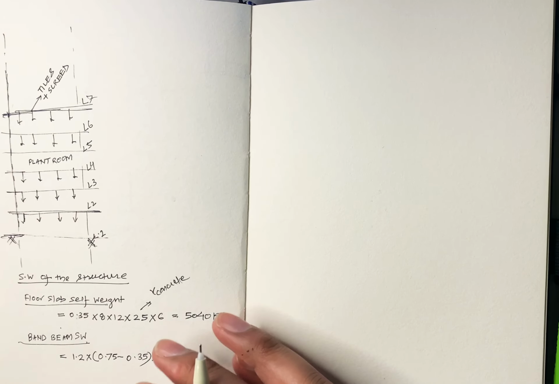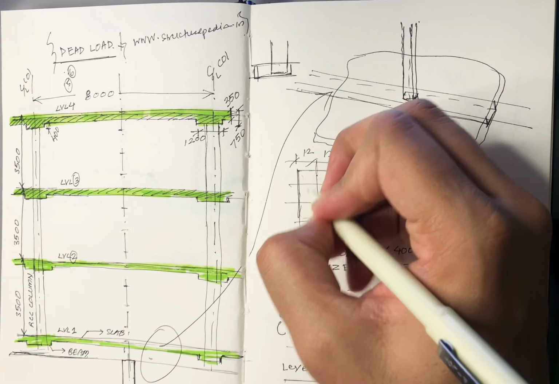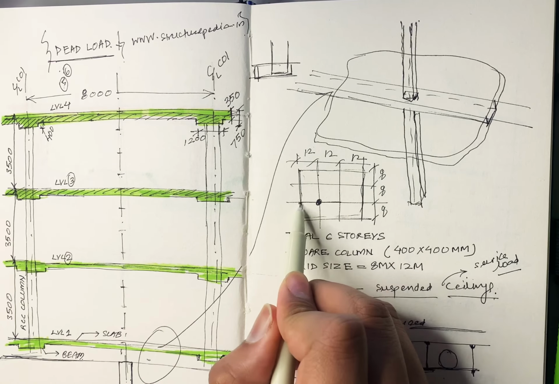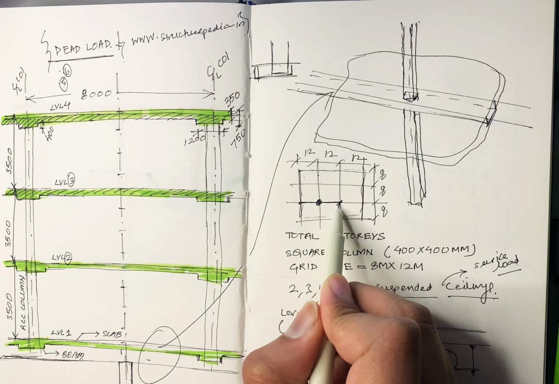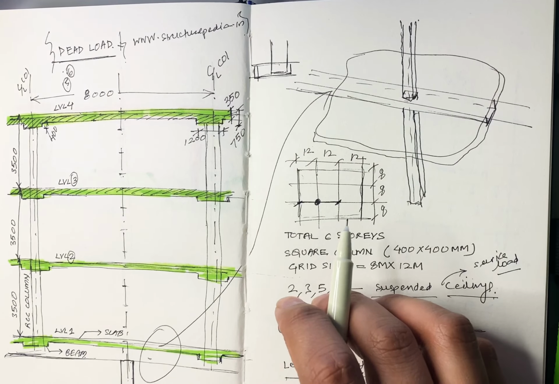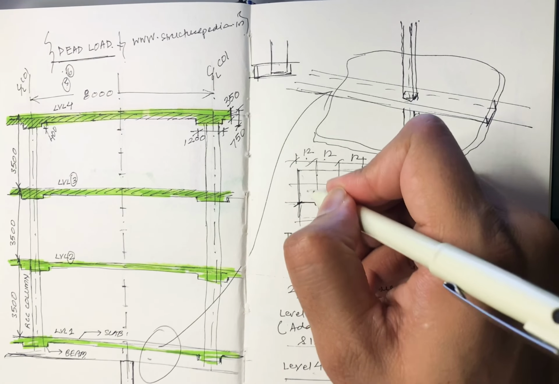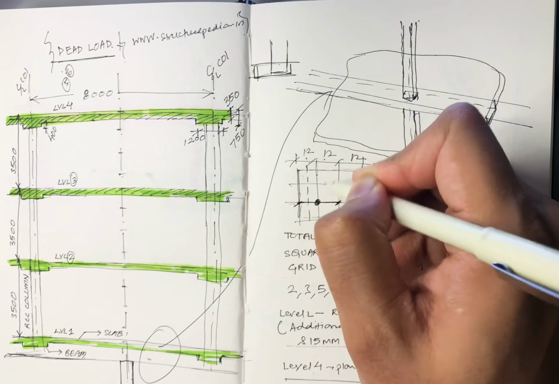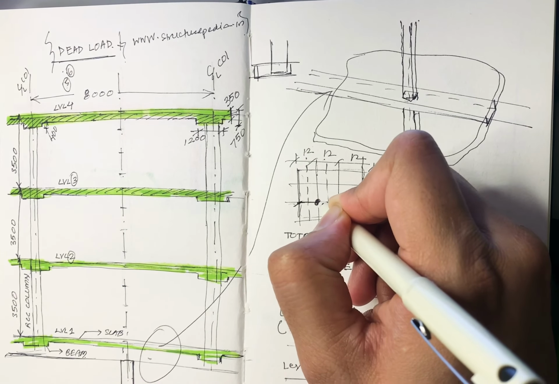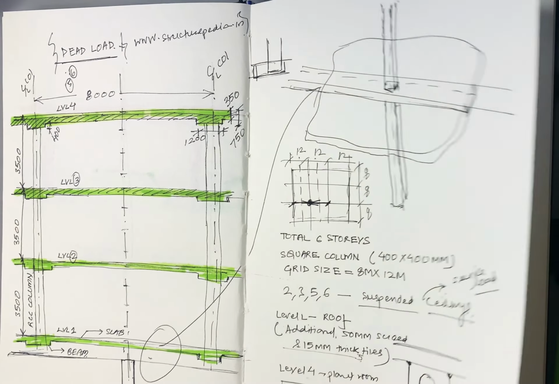Now what is the length of this beam? If you look at this grid, how much is the length? 12 meters. If you take the center line, because this part will go to this column, for the interior there would be only a 12 meter beam.